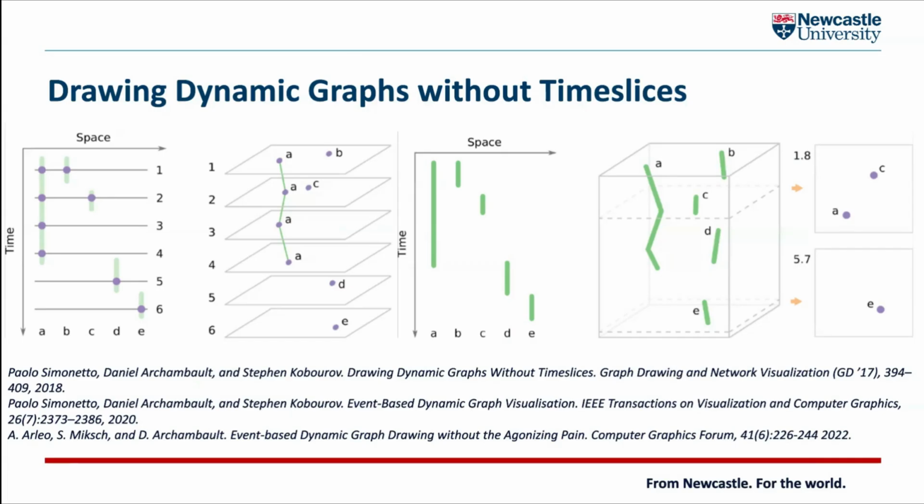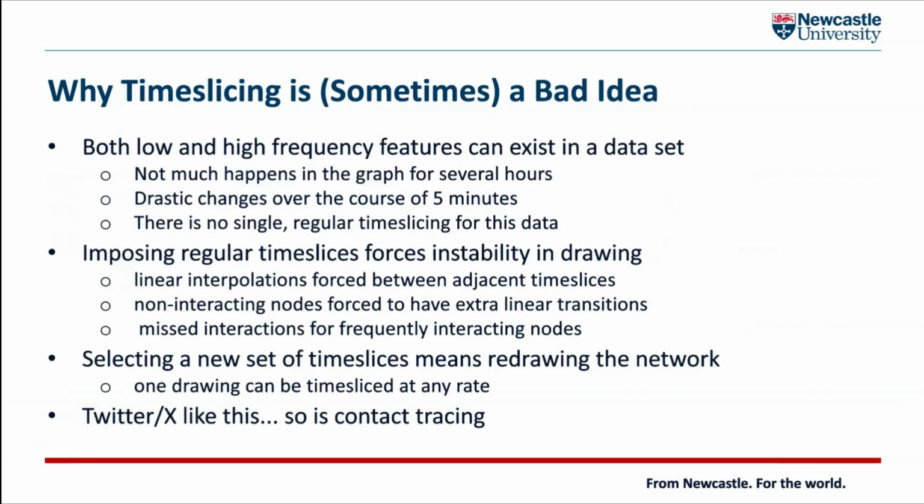And so we came up with a three-dimensional algorithm that essentially draws these edges, which are surfaces, and nodes, which are polylines, in the space-time cube. Why do you want to do this? Well, both these high and low frequency features exist.